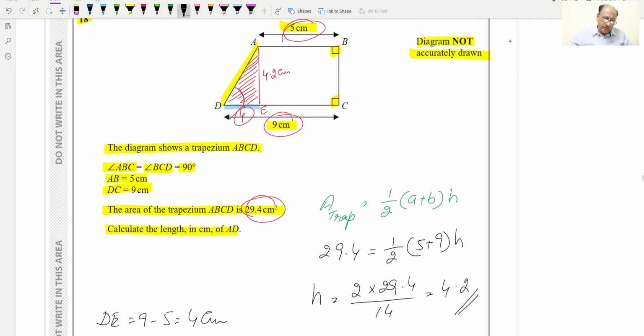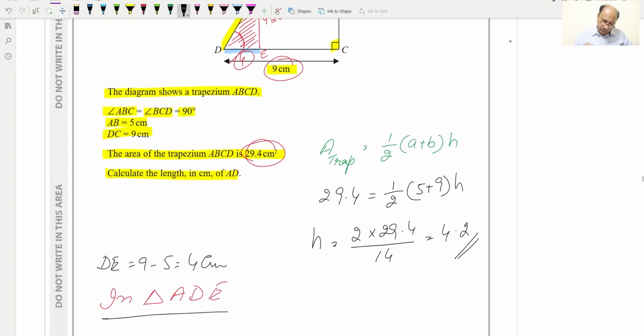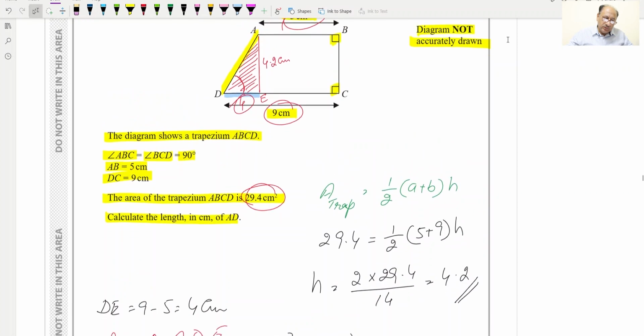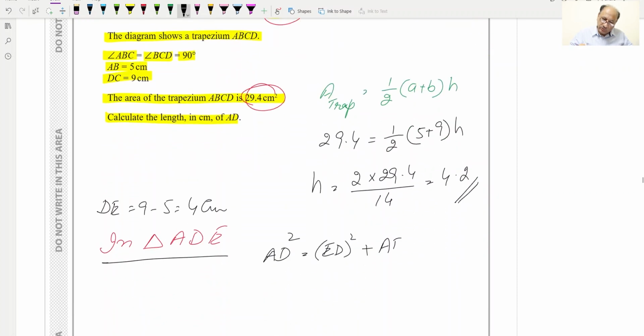So we find AD squared is equal to ED squared plus AE squared, and AD is what we need to find. So ED will be 4 squared plus 4.2 squared, which is AD squared.